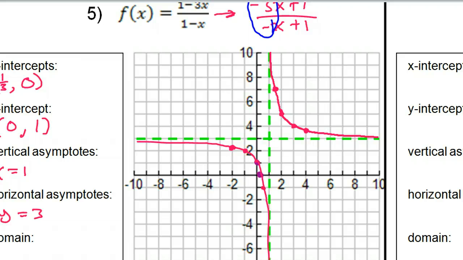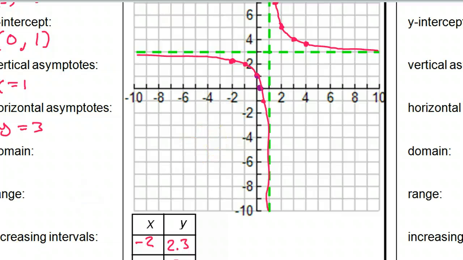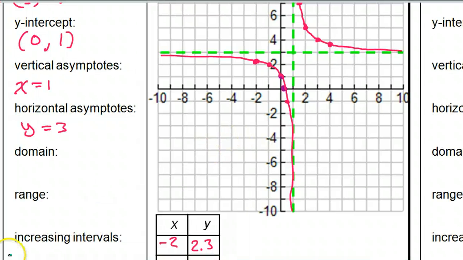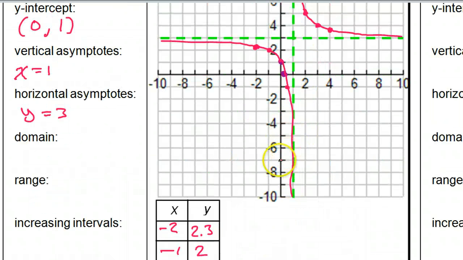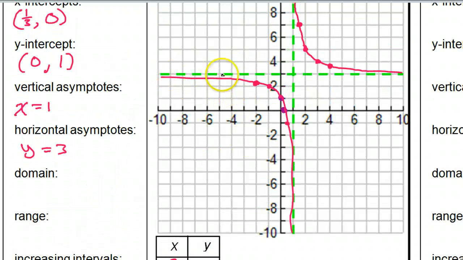So now let's go ahead and talk about the domain and range. The domain is the x values of the graph. So we're looking, what are all the x values from left to right? Well, this graph goes left and right forever, so all x values are represented except for the vertical asymptote at 1. So I can give the domain for the left piece first, and that is -infinity to 1.